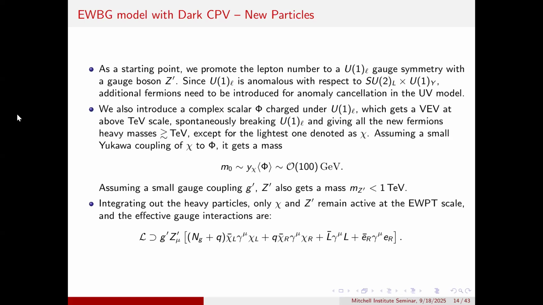So at the electroweak scale, we can integrate out all the heavy particles at the TeV scale so that only chi and Z prime remain active at the electroweak phase transition. And the effective gauge interactions are this: we have the dark fermion chi and the standard model leptons coupled to Z prime.